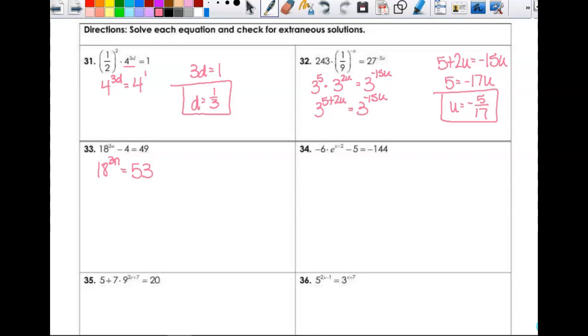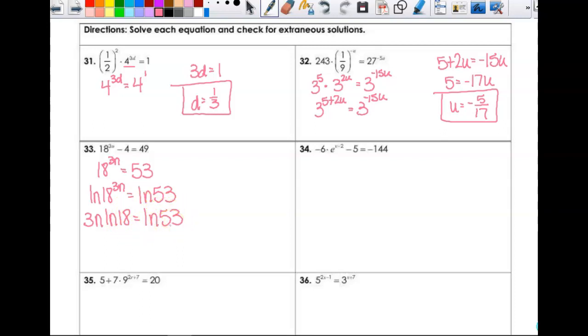So I'm going to take the natural log of both sides, or the log of both sides, it doesn't matter. I'm going to have the natural log of 18 to the 3n power equals the natural log of 53. I'm going to bring my 3n out in front. 3n times the natural log of 18 equals the natural log of 53.